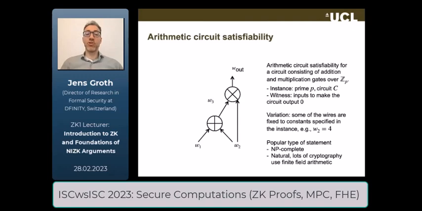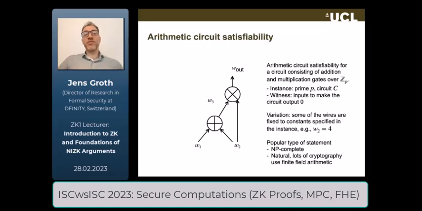First of all, you can show that arithmetic circuit satisfiability is NP-complete, so it means that we have general purpose zero knowledge proofs. But it's also natural, right? Cryptographers love doing finite field arithmetic, so it speaks very naturally to cryptography done in practice, and you may be able to avoid expensive NP reductions because you're doing what you wanted to do anyway in cryptographic protocols.